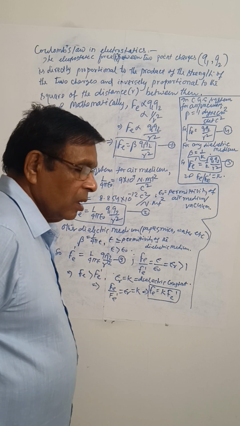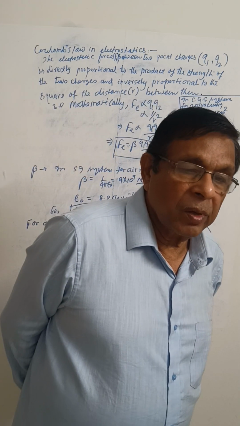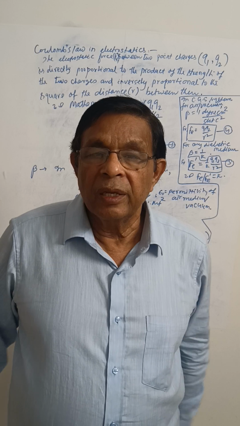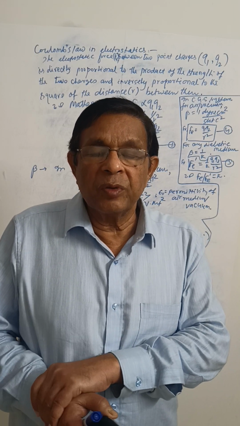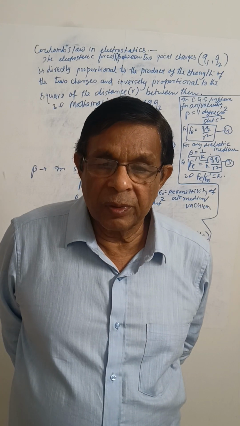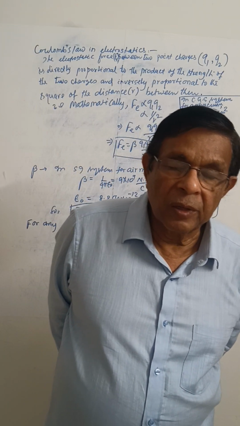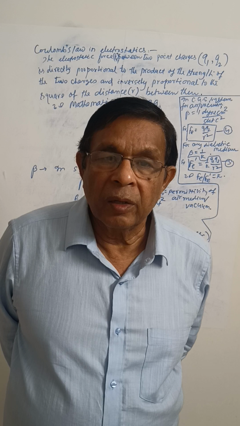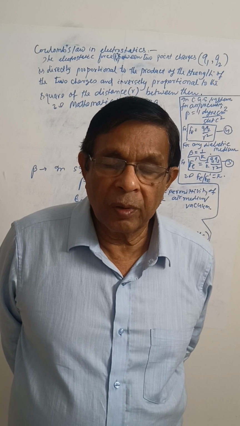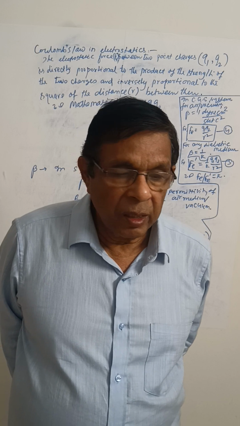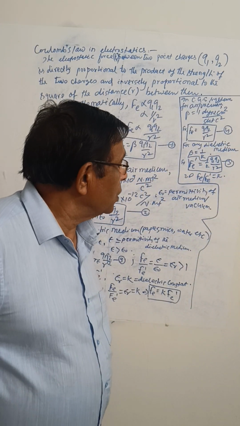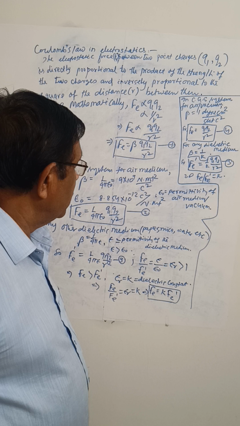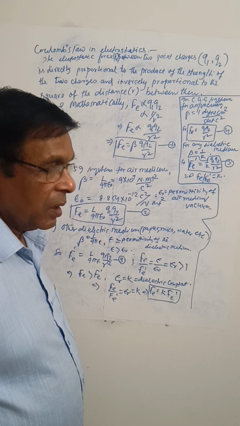So in these discussions, we have seen that the force of interaction between two point charges in air or vacuum is k times greater than the force of interaction between the same two charges placed at the same distance apart when the intervening medium is other than air, that is, another dielectric medium like paper, mica, water, etc. These equations allow us to calculate the magnitude of force between the two point charges in different systems and for different intervening media.